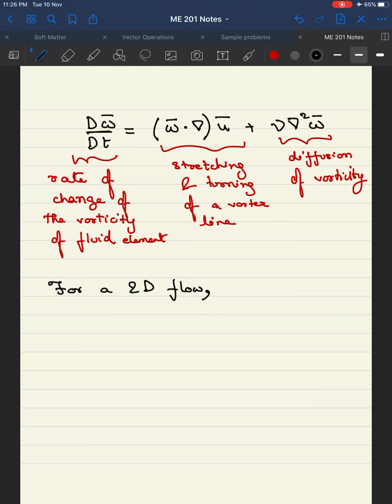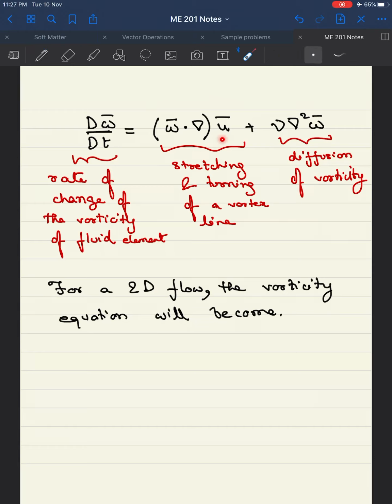But if we look at the special case of 2-dimensional flow, what happens to this term? If the flow is 2D, this vector is going to be out of plane, whereas this vector is going to be in the plane. So this term is not going to exist, and the vorticity transport equation will reduce to this very simple form.